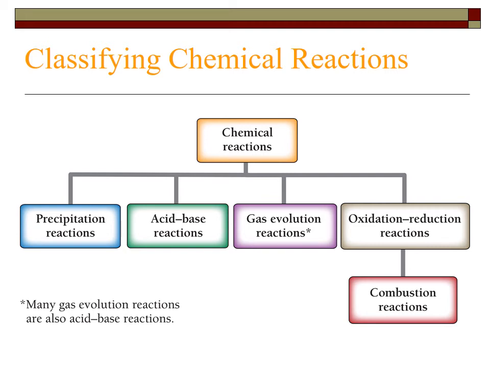Now how can we tell whether something is an acid-base reaction versus a precipitation reaction? Well, how do we know something is an acid? It has a hydrogen out front. So we know one of my reactants is going to be H something, right? So that's how we can differentiate whether it's an acid-base or a precipitation. Acid-bases have an H out front. I also gave you a table of bases.